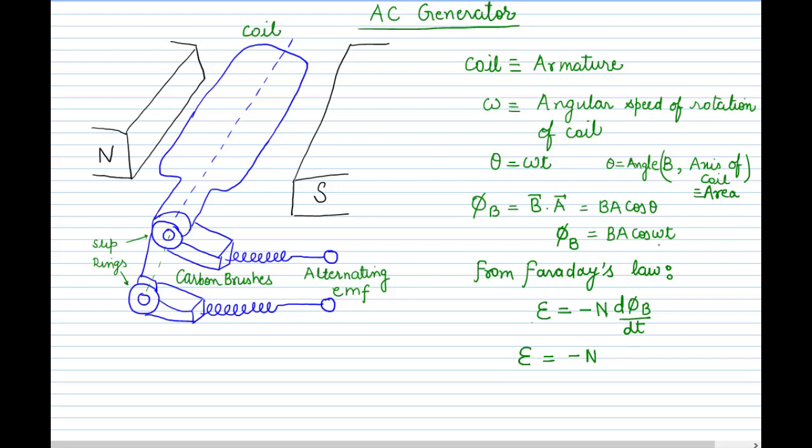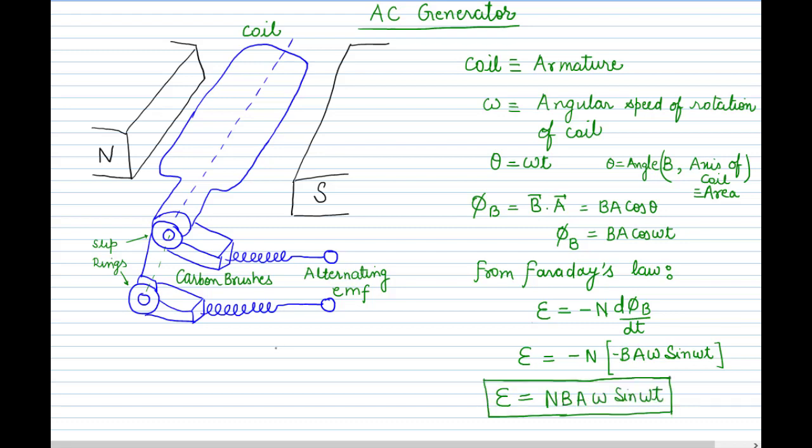Cos omega t will give us sin omega t, so this is BA omega sin omega t with a negative sign. So we get the induced EMF as NBA omega sin omega t.